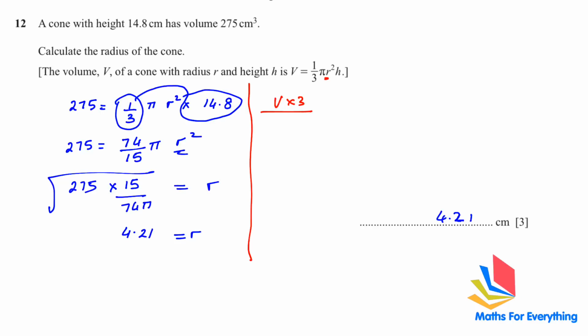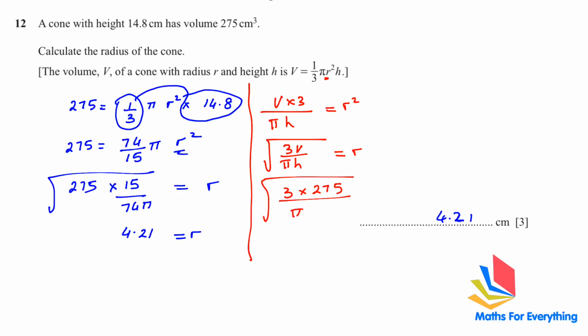And whatever is in the numerator, we got pi and h. And then you want to make r the subject. So we'll square root it. r equals the square root of 3v over pi h. Now you replace your values. Volume is 275 and height is 14.8. This will also give you 4.21.